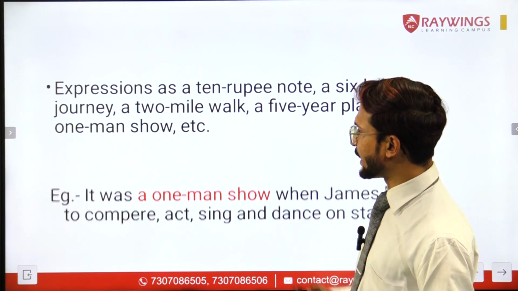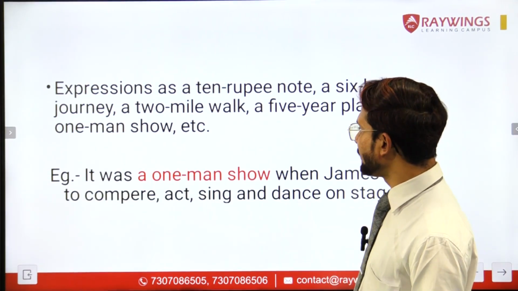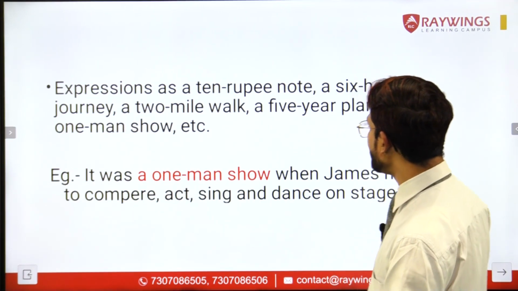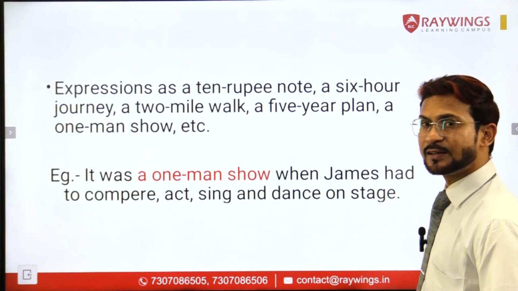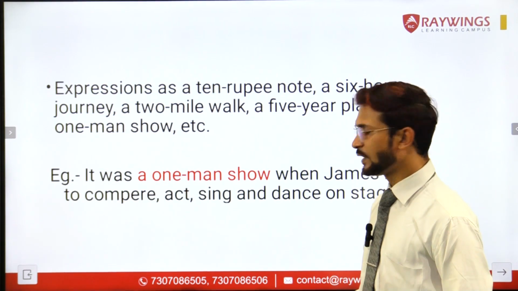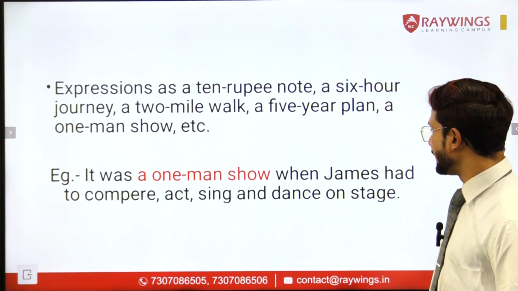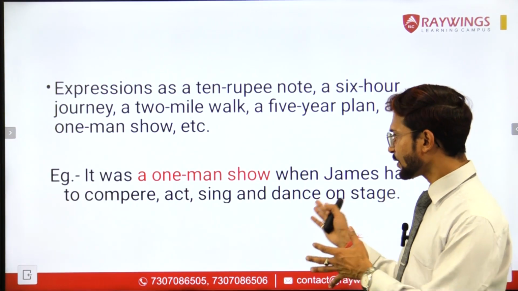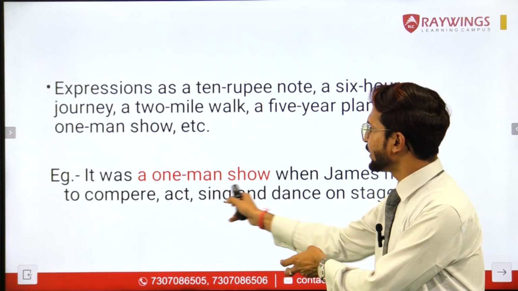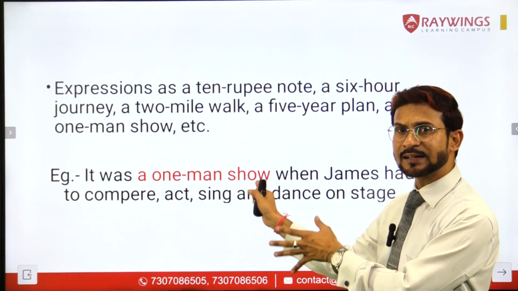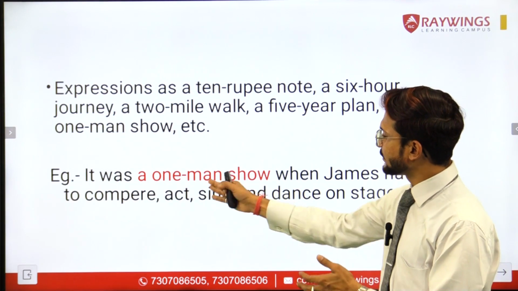Let us have a look at the example here. Example says it was a one man show when James had to compere, act, sing, and dance on stage. So this expression is acting as singular in nature here, and it is a noun.